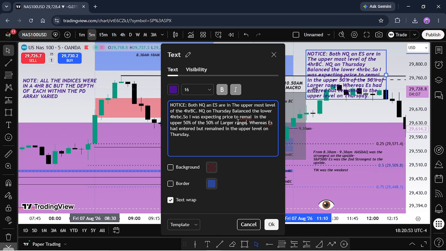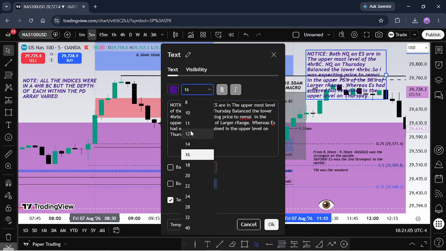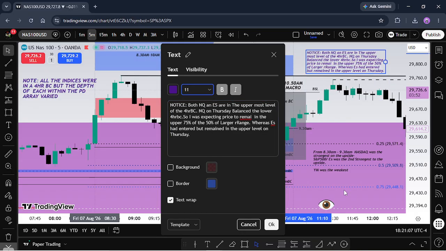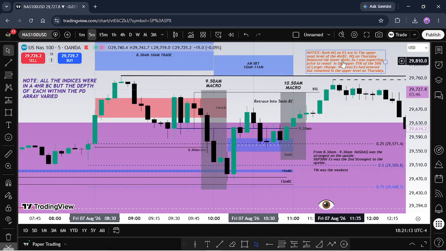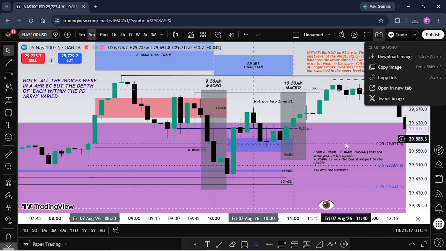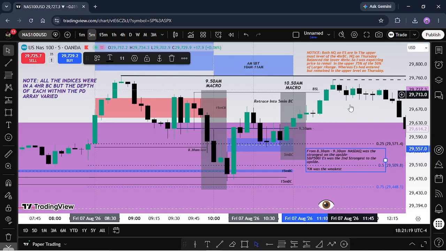Let's say upper 75%. Yeah, that's better. So make it 14. Let me change the color here to orange. Yeah, so we can see. Beautiful stuff.